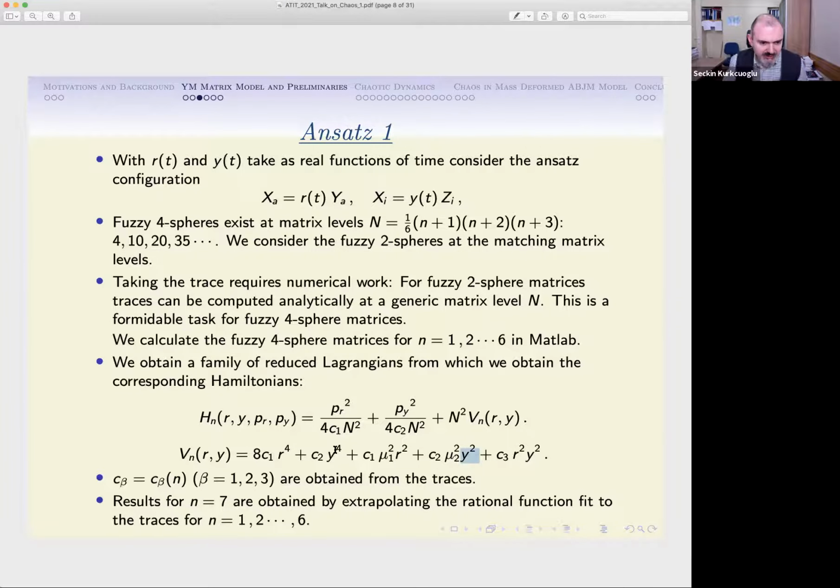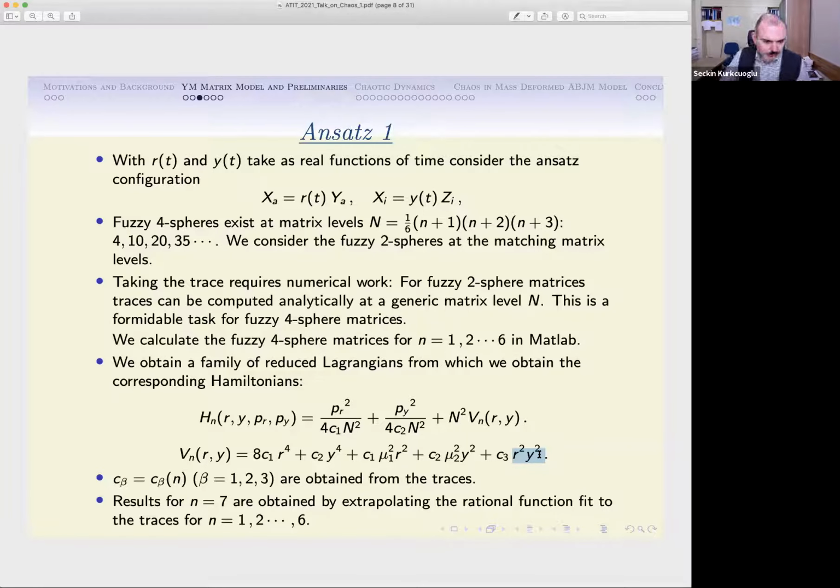So this effective Hamiltonian looks like just classical mechanics, point particle classical mechanics, essentially, where there are harmonic terms, there are quartic terms, r to the power 4, y to the power 4, and there's a mixed quartic term, r squared, y squared. This last term is responsible for the entire chaotic dynamics. So if the last term is absent, there won't be any chaotic dynamics.